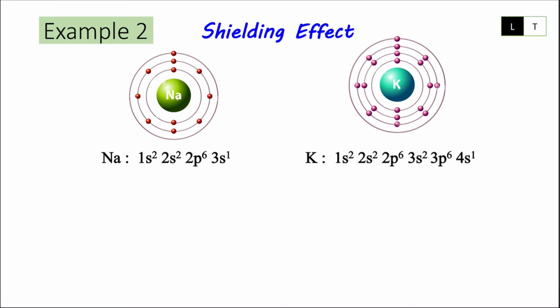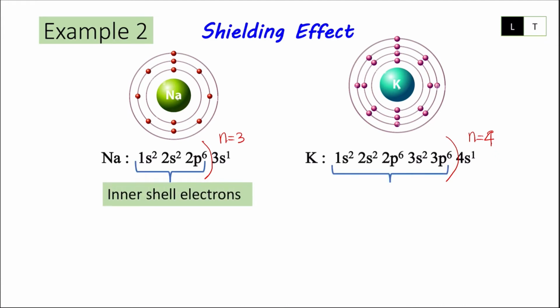The highest n value for sodium is n equals 3, and for K, potassium, the highest n value is n equals 4. So the electrons in the 1s, 2s and 2p orbitals for sodium, or the electrons in 1s, 2s, 2p, 3s and 3p for potassium, will be the inner shell electrons.